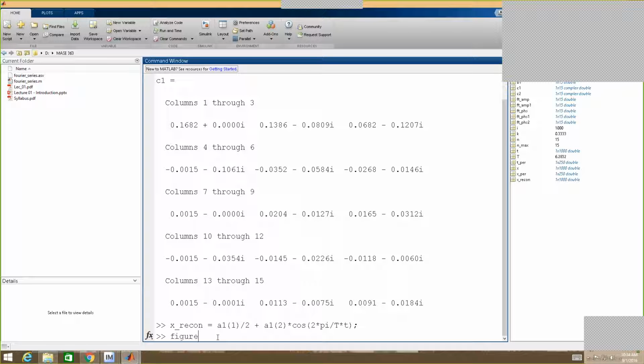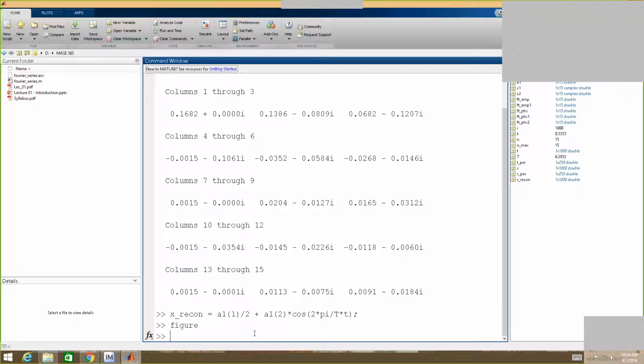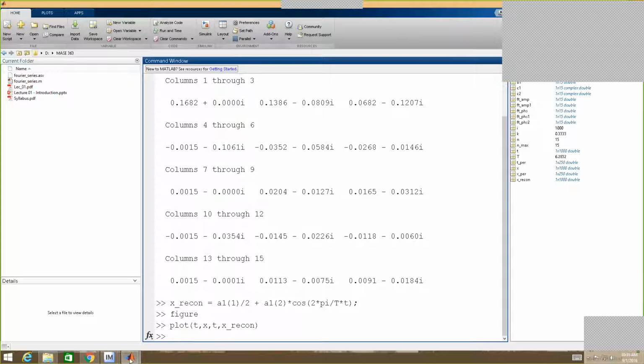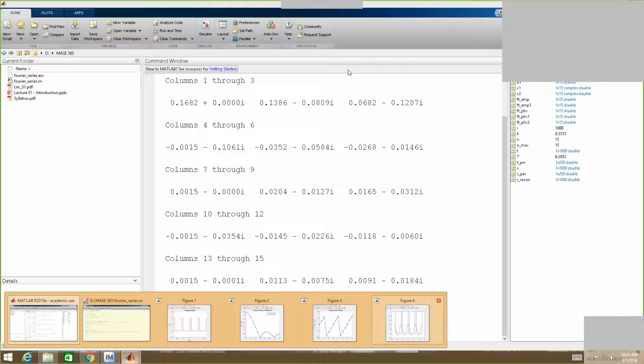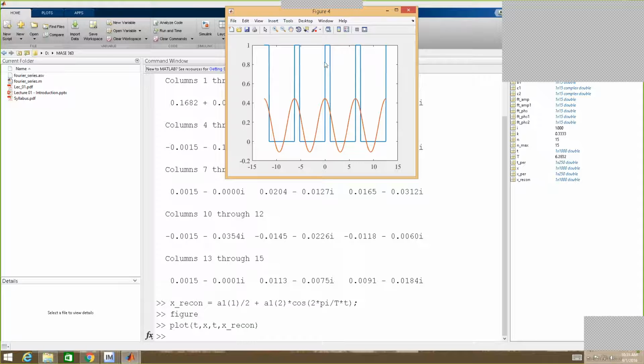So let's plot the original signal, comma t, comma x reconstructed. So this is your original signal, which you see in the blue, and now we have included one Fourier term. So this is how we are approximating with the first Fourier term. It looks pretty bad, doesn't it?